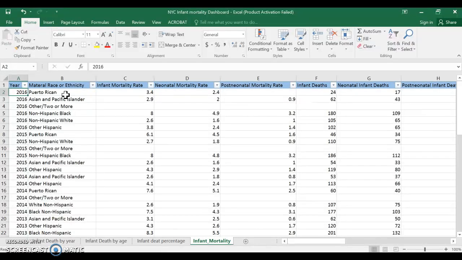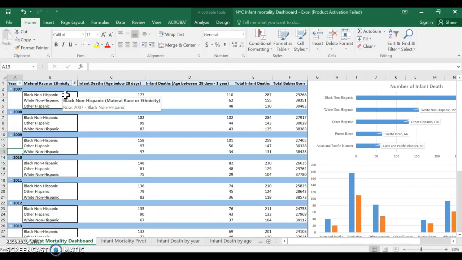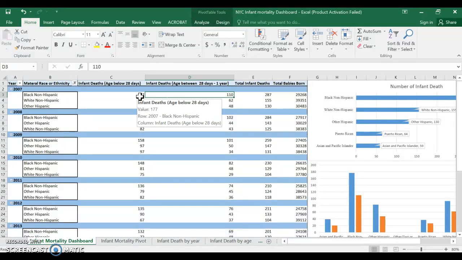So what I decided to do in my dashboard was to create a summary in a pivot table that shows the number of infant deaths, categorized by age: below the age of 28 days in one category, and between the age of 28 days and 1 year in another, and also showing the total number of infant deaths and the total number of babies born in a specific year.